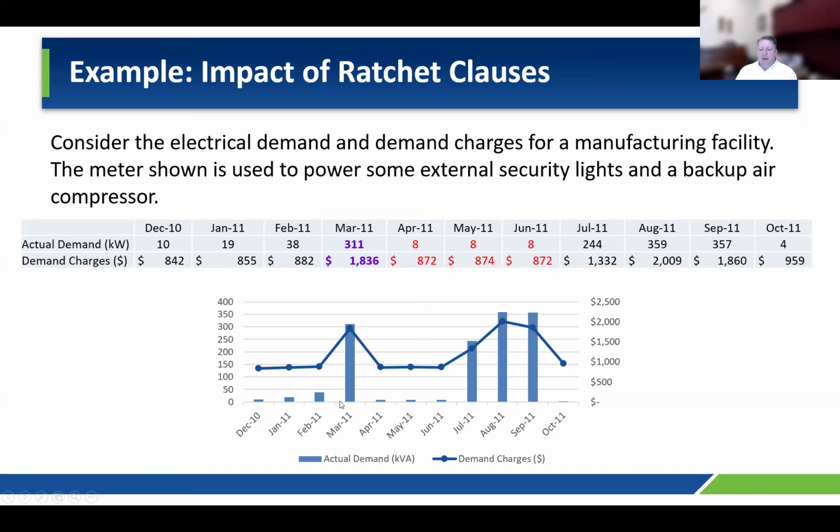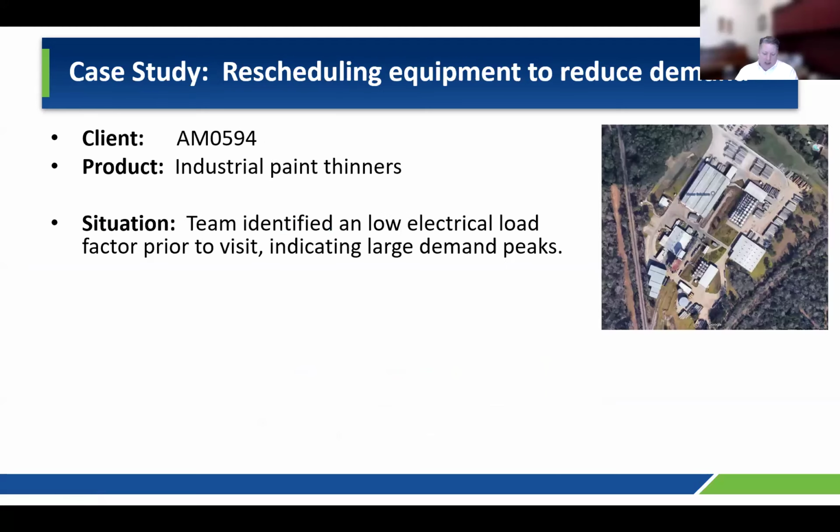But in the months where they didn't use the air compressor, they were just using external lights, their demand may have only been about 8 kilowatts. But yet their ratchet clause still charged them a considerable amount for demand because of the peak use in past months.